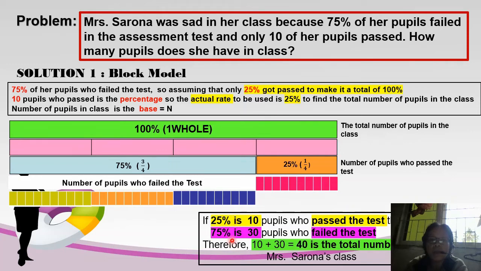So if 75% is 30 pupils who failed the test, then if we add 75% and 25%, we have 30 pupils plus 10 pupils. So 10 plus 30 equals 40 pupils in all in Mrs. Sarona's class. So 40 is the total number of pupils of Mrs. Sarona's class.